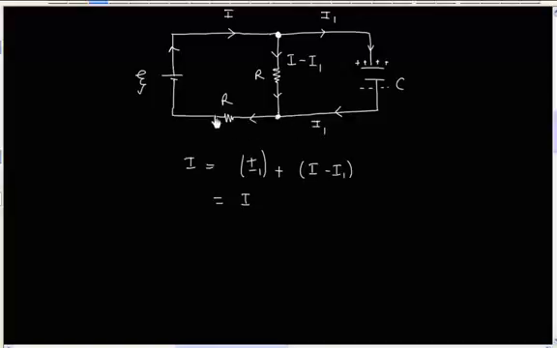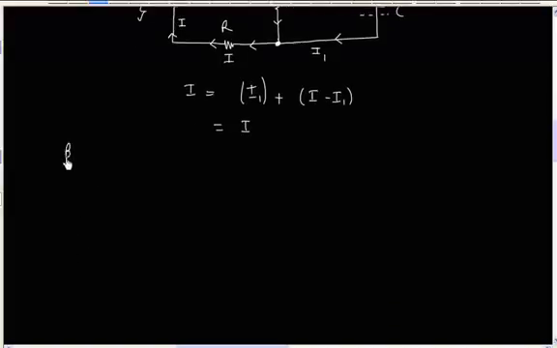So this branch of the circuit will have a current of I minus I1 plus I1, that is equal to I. So finally the battery gets a current of I, that is, the battery remains neutral. The same amount of current is given by the battery and finally the same amount of current is taken by the battery, that is, the battery remains neutral.